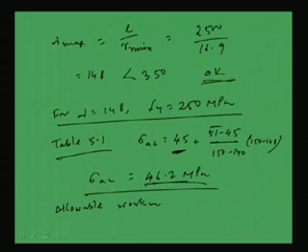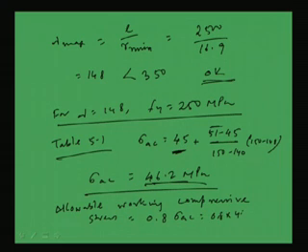Now, we can find out the allowable working compressive stress, that will be 0.8 times sigma AC. So, 0.8 into 46.2 will become 36.96 MPa. So, this is the allowable working compressive stress. Now, the safe load can be found out.